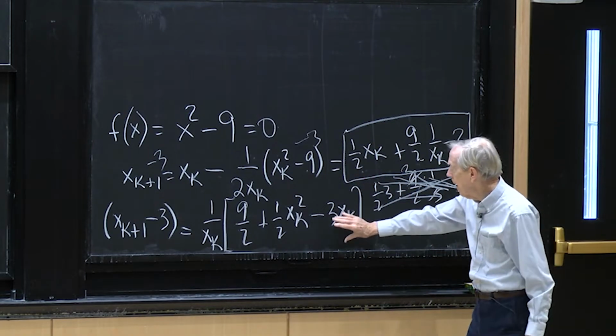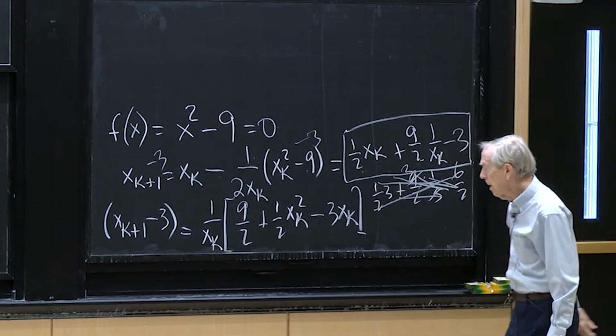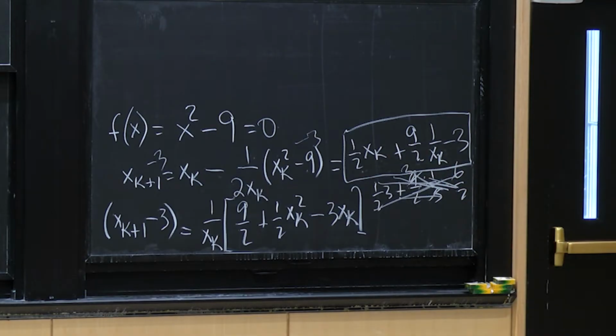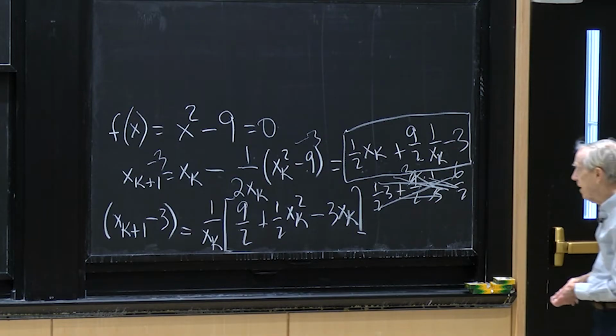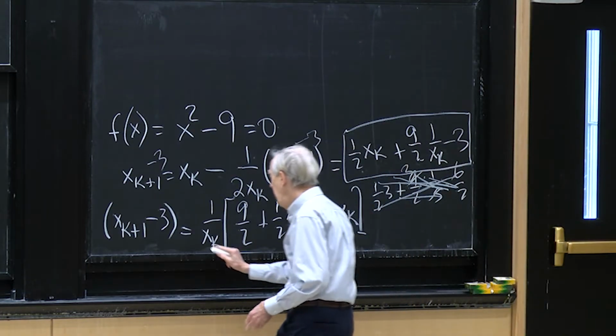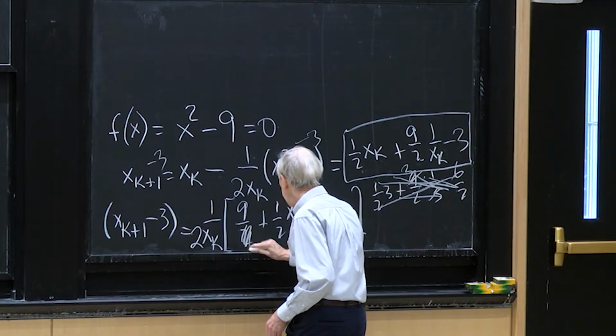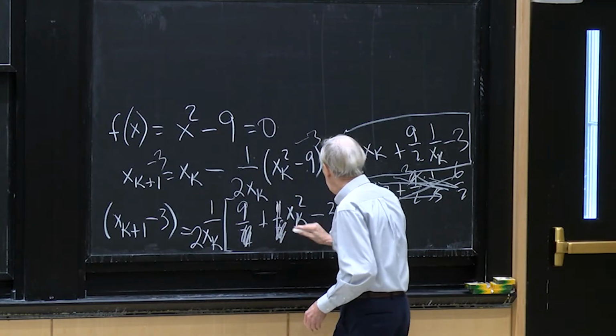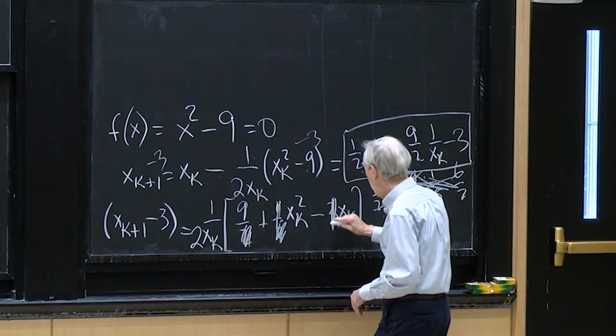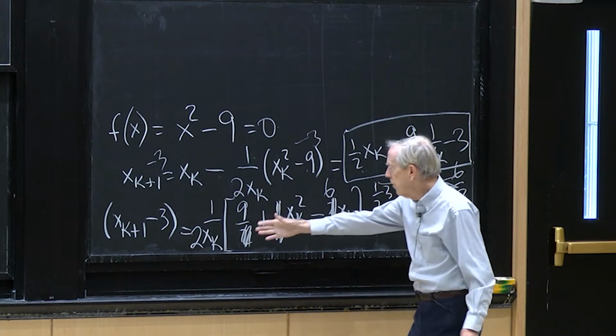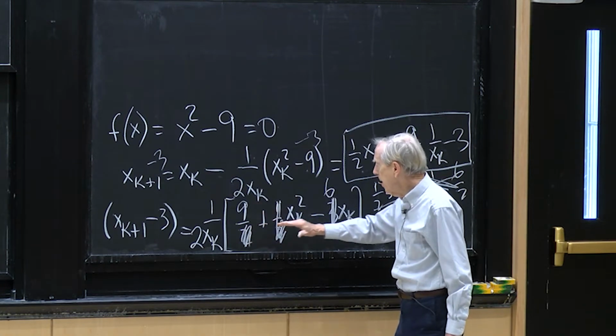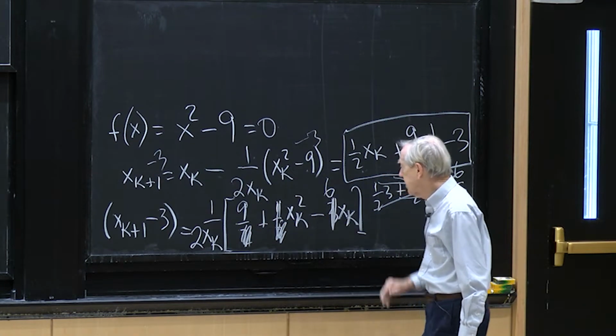So I claim that's it, now I've got it. Let me take out the 2. Forget these 2's, and make that a 6. So I have 1 over 2xk times 9 plus xk squared minus 6xk.